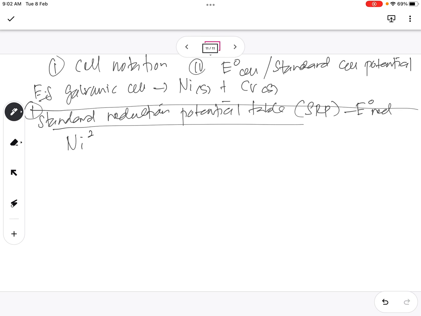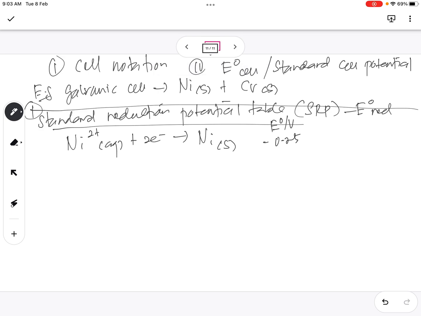Nickel 2 plus aqueous plus 2 electrons to nickel solid. You can open the table at the last page of the tutorial book and check for the value. So here I see the value as negative 0.25.